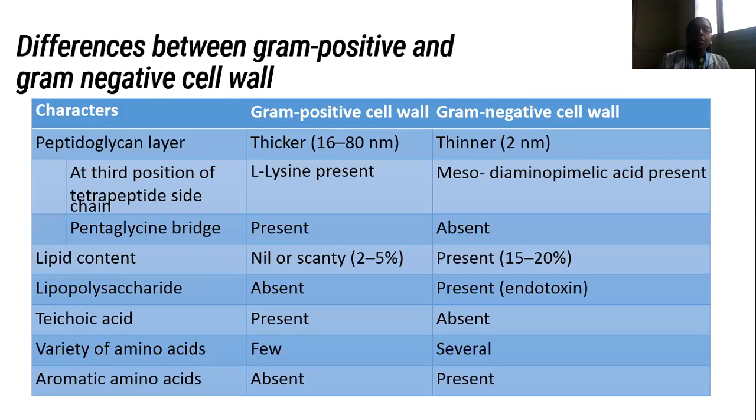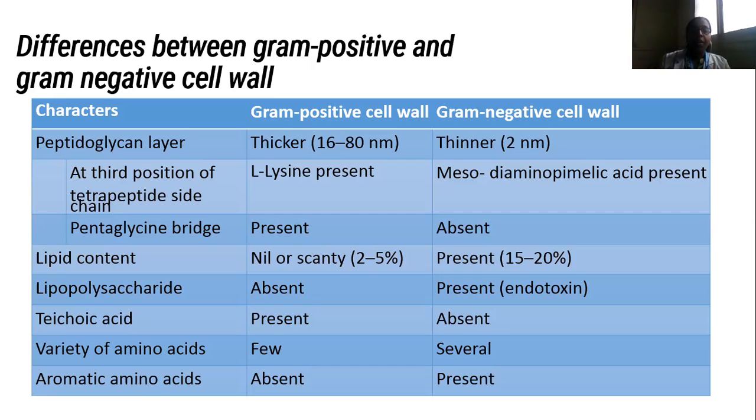If you see the gram-positive cell wall, it is made up of a thick peptidoglycan layer, and there is also the presence of teichoic acid in the gram-positive cell wall. The lipid content and lipopolysaccharides are all present in the gram-negative cell wall, and it has a very thin peptidoglycan layer.